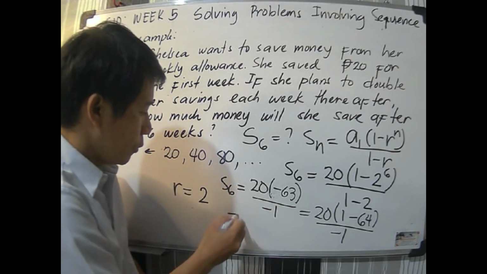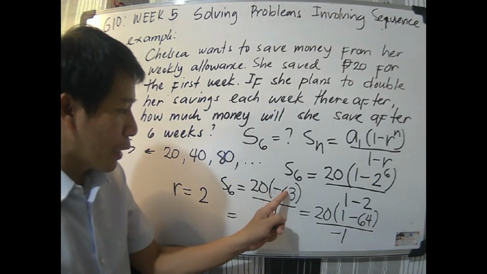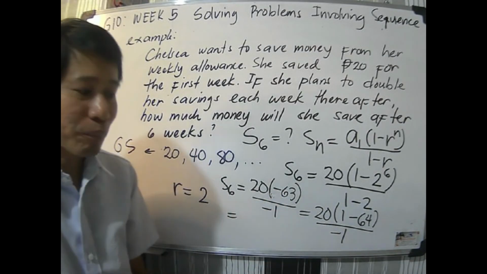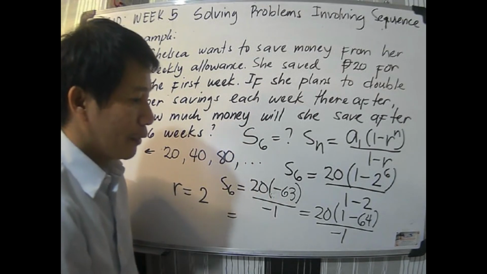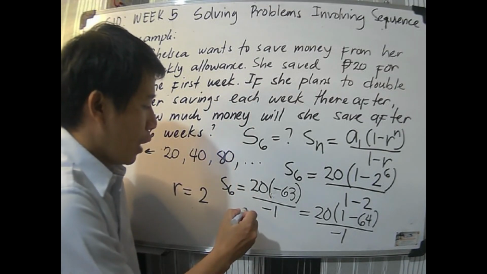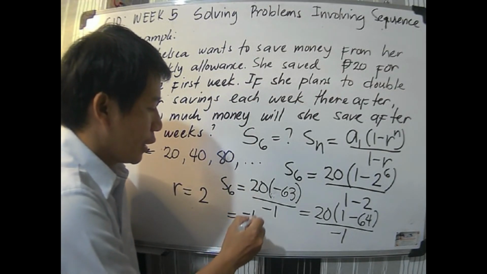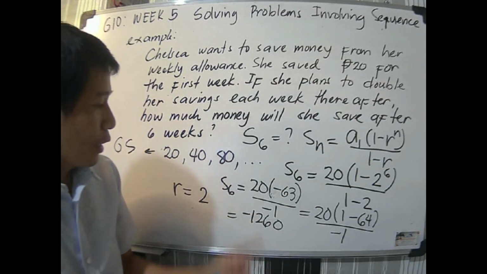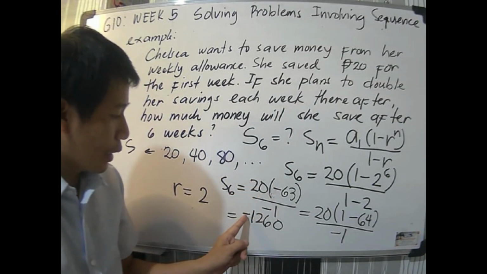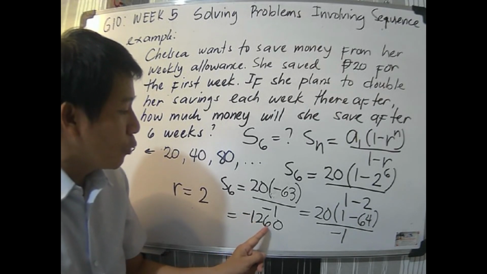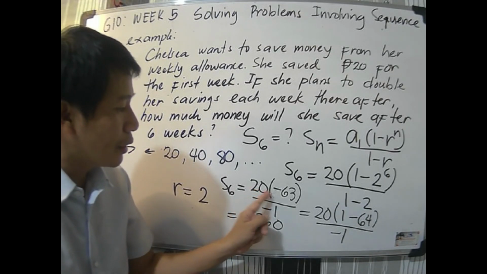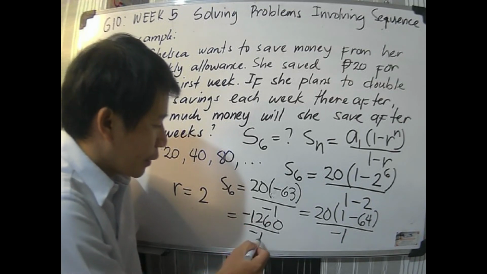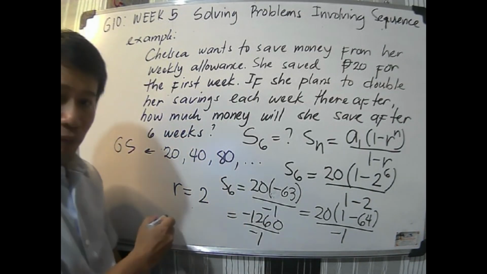Okay, let's continue. So, 20 multiplied by negative 63. Ang sagot is negative 1,260. Right? Okay, positive times negative is negative 1,260. That is 20 times 63. Okay? Divided by negative 1. And finally, let us simplify this.